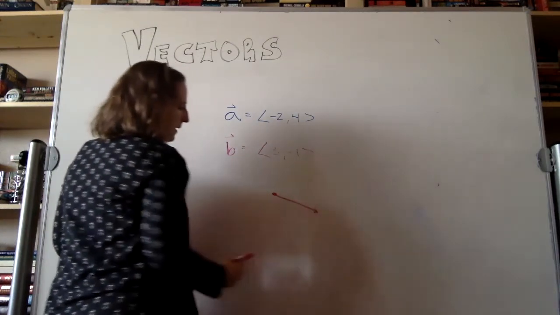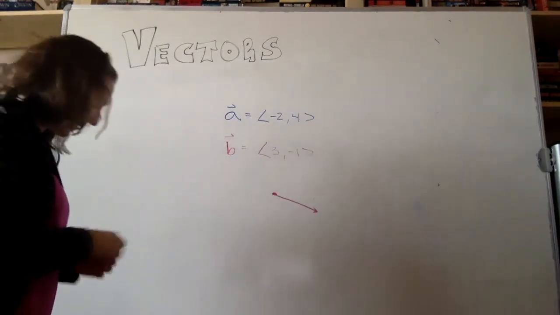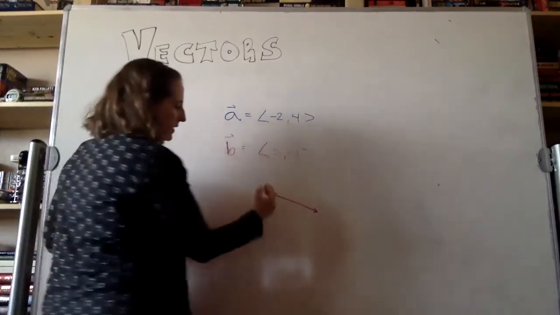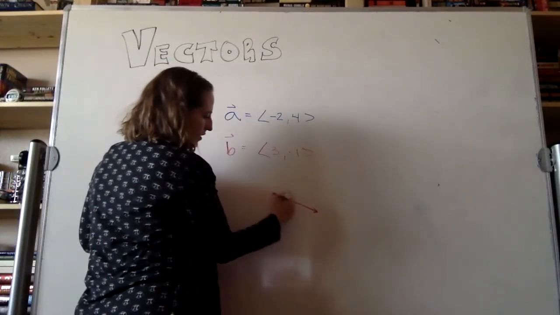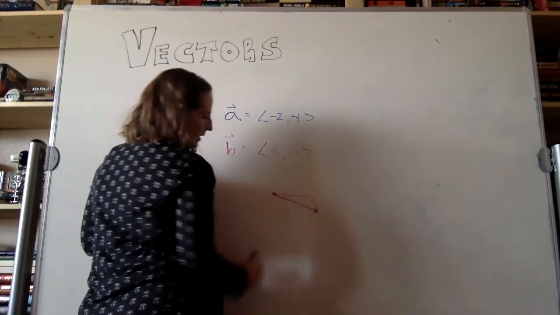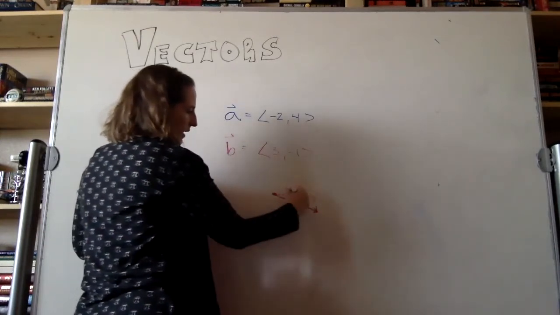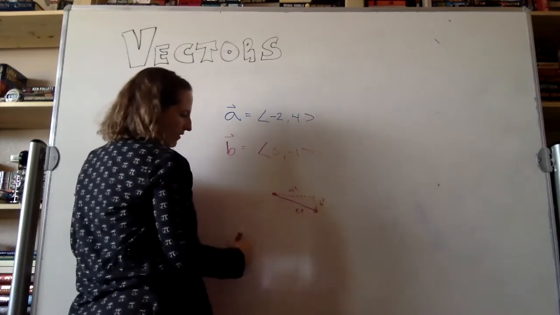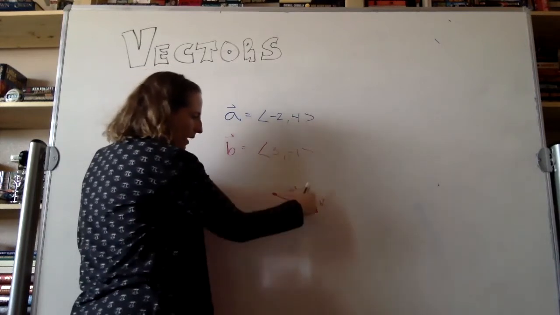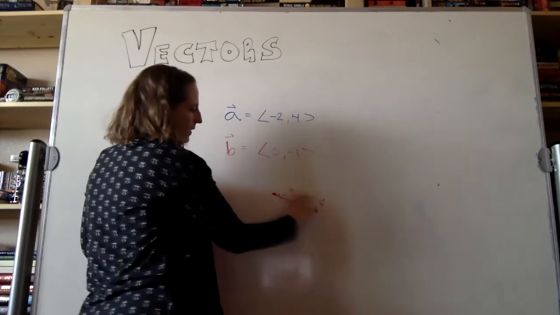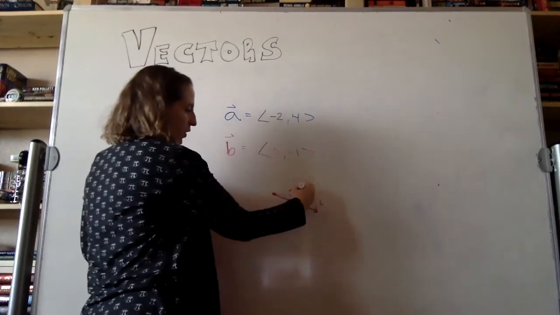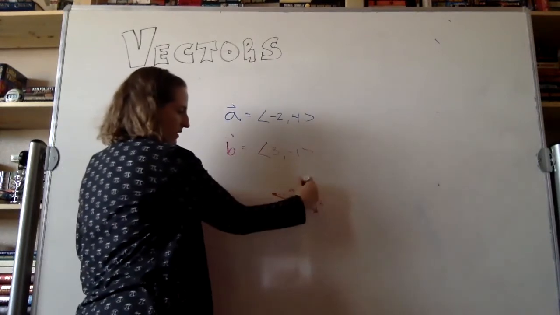So here is b. If I want to know the length of that, notice that this really can be thought of as a Pythagorean theorem problem. I can turn this into a right triangle. And I know for a right triangle, a squared plus b squared equals c squared, where c is the length of my vector. But how do I know length a and length b? Well, length a is just the horizontal component of my vector, in this case 3.